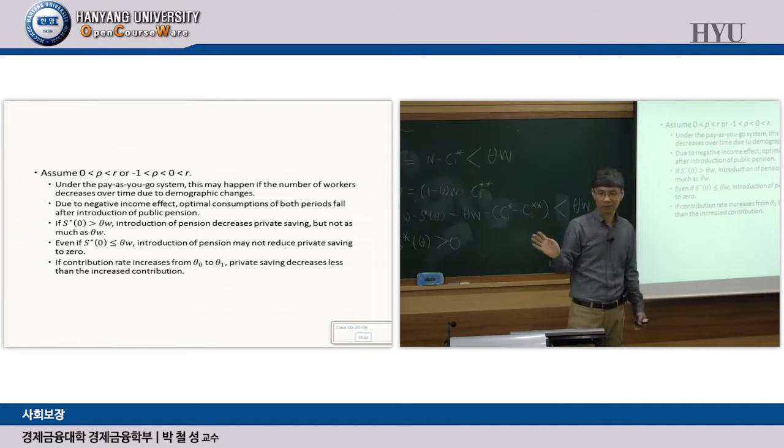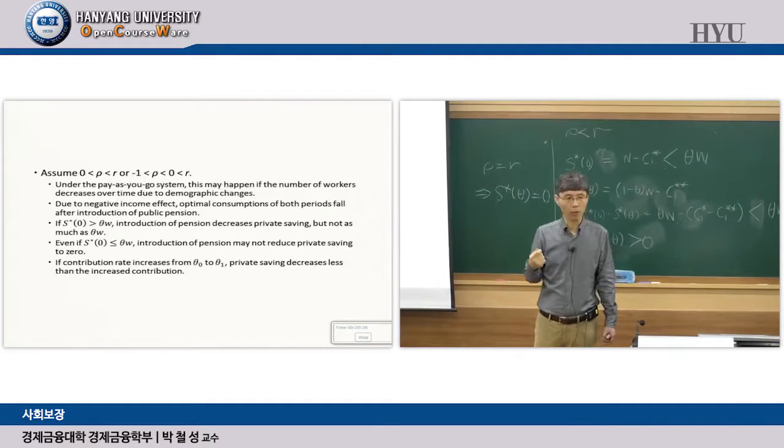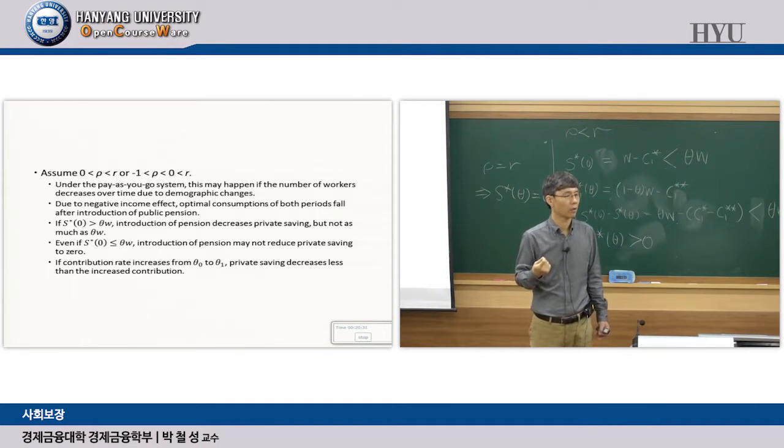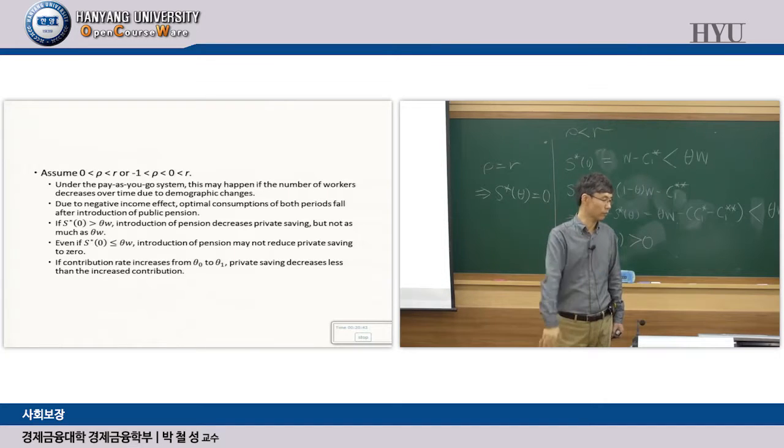If we exclude that case, for example, if not all individuals are savers, some of them are spenders, or if the rate of return to public pension is lower than the rate of return to private savings, what we expect is that the total saving in the economy will increase. That is the summary of the results.